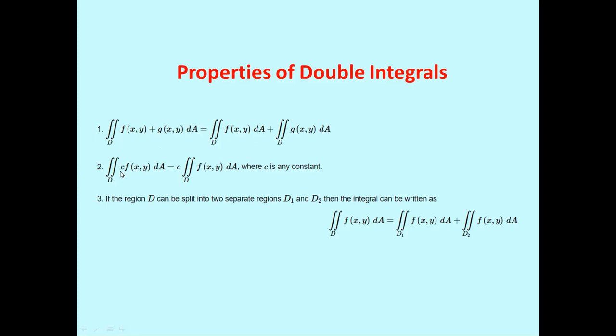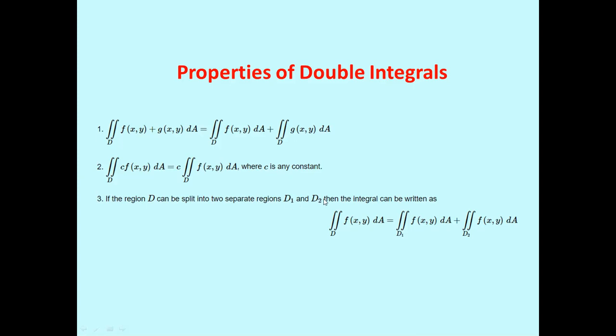Now, if you have a constant, in the case of property number 2, multiplied to a particular function, just like the definite integral, you can set aside the constant before the integral symbol and then process the function that you have on the right side. This is applicable only when c is a constant. Now let's say we will separate the D region that we have defined in the first two cases into two separate regions.